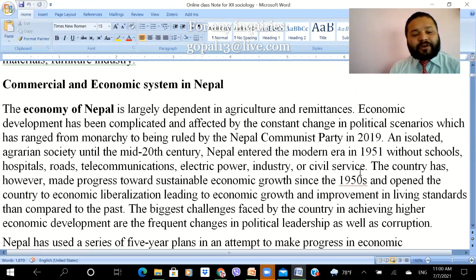Nepal has made progress towards sustainable economic growth since the 1950s and opened the country to economic liberalization, leading to economic growth and improvement in living standards compared to the past.